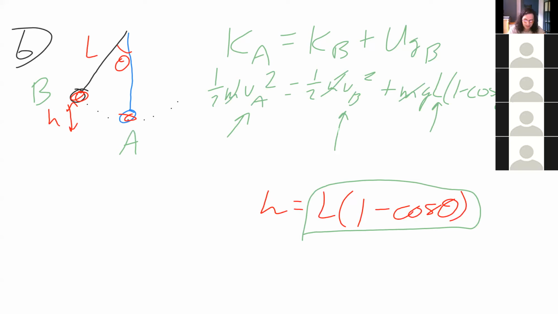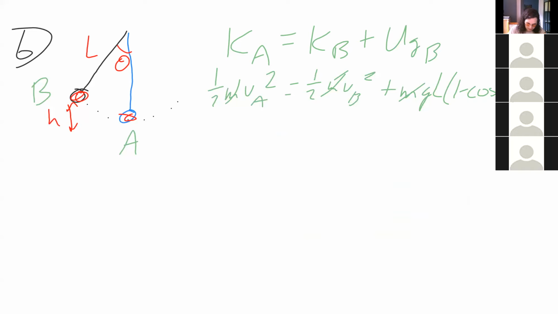The other problem is that they'll ask us to find the greatest angle with the vertical that the string will make. So what they're asking is to swing this all the way.